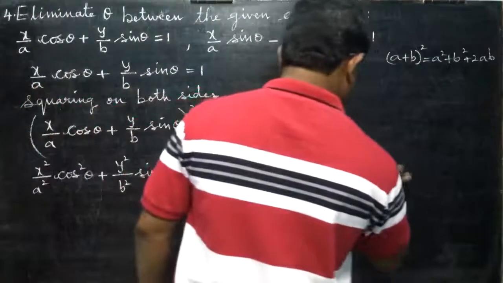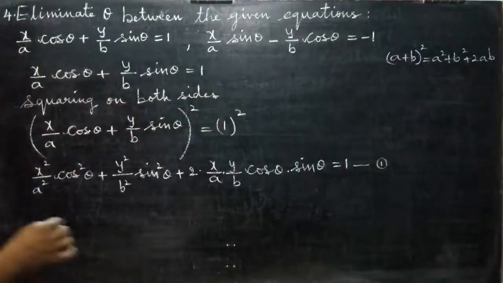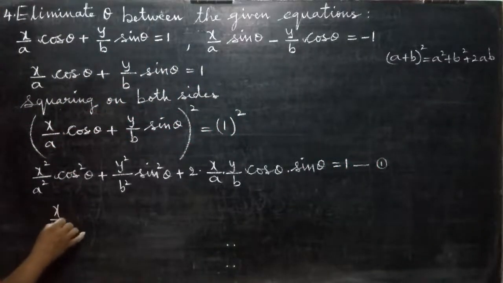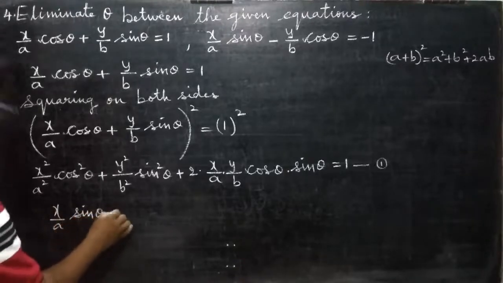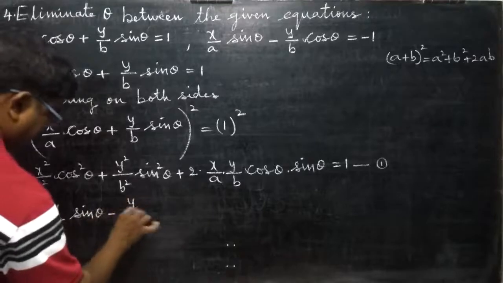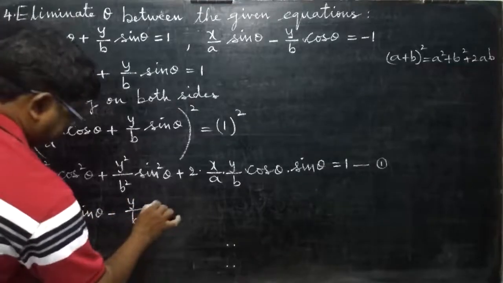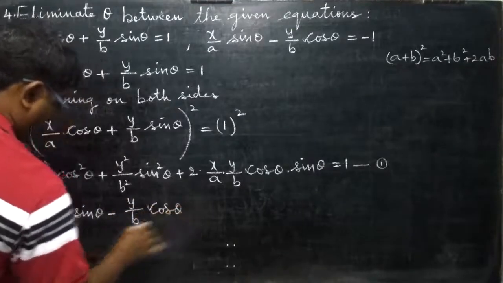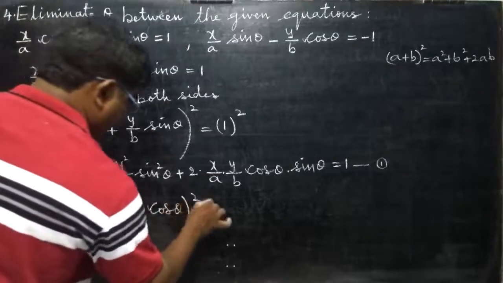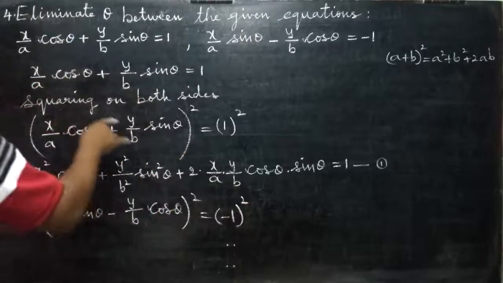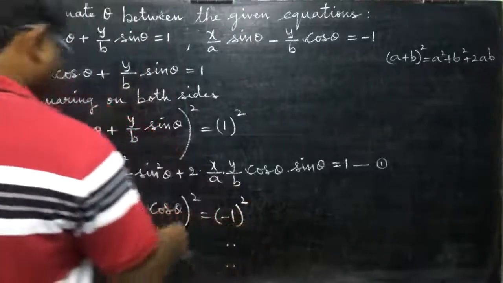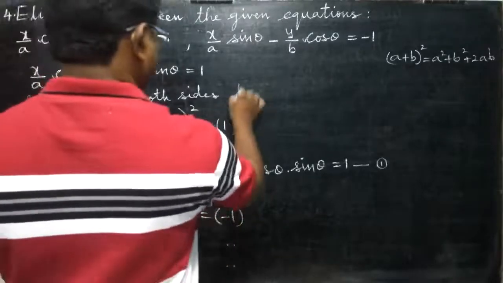So this is equation number 1. Come to the second one: (x/a sin theta minus y/b cos theta) whole square is equal to (minus 1) whole square. Squaring on both sides, for both equations.